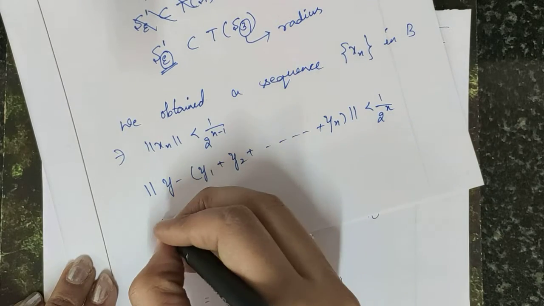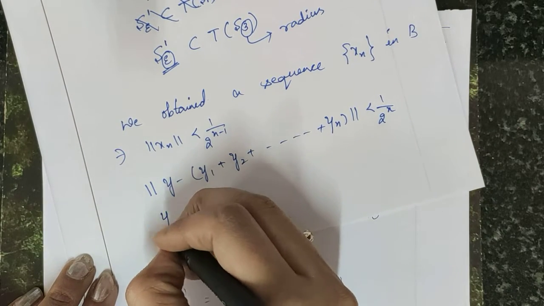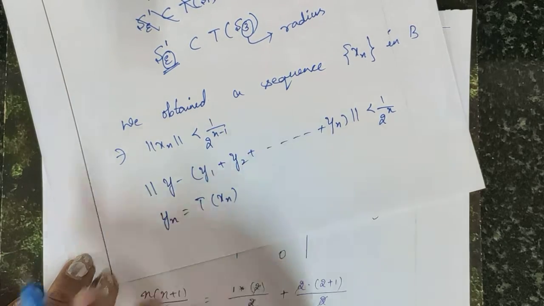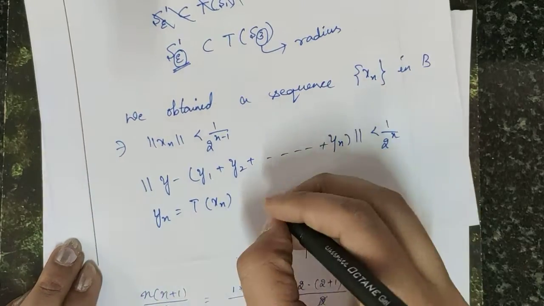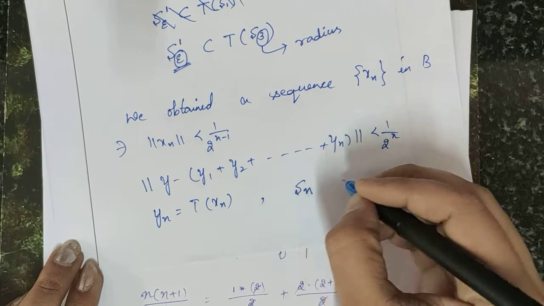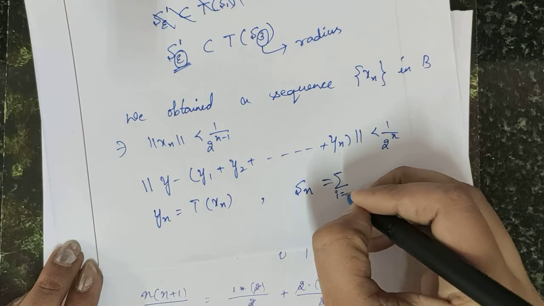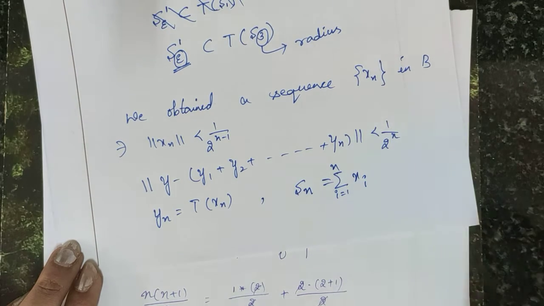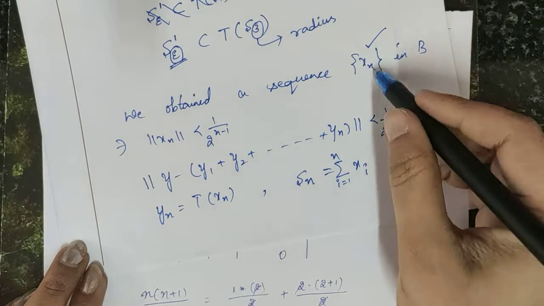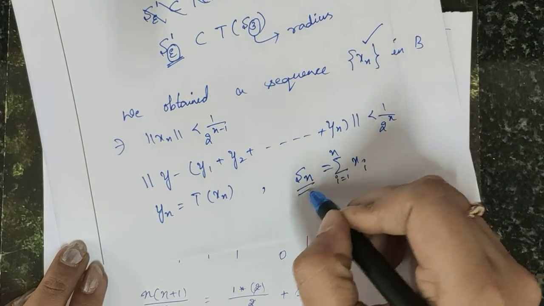That is, we can write yn as T of xn. We have seen all these things in the previous session itself. So for xn I have defined Sn as the summation i equal to 1 to n of xi, right? So we know that xn is a sequence and we defined our xi in the form of Sn.